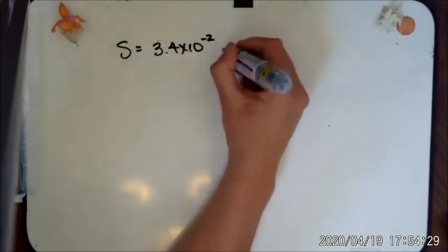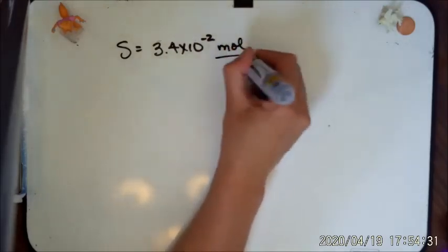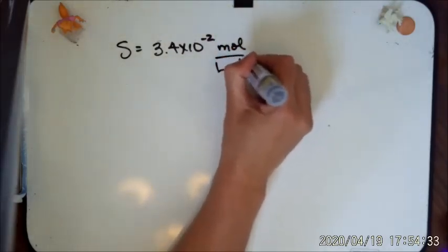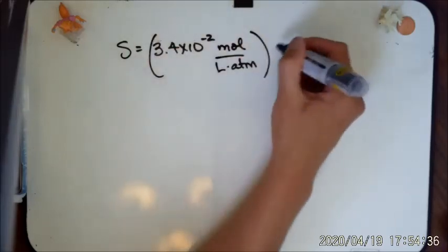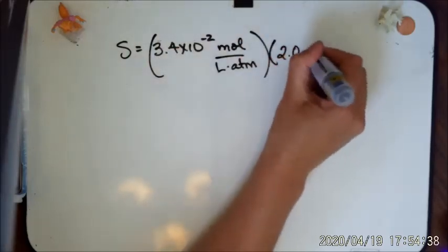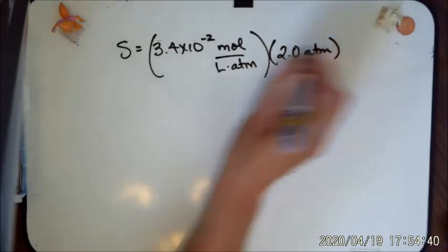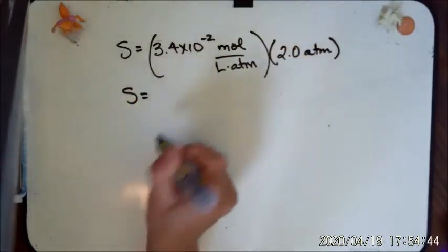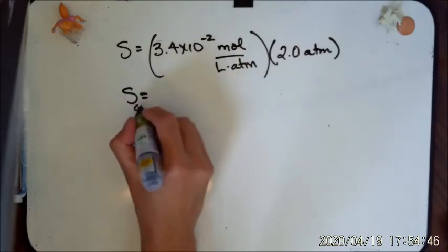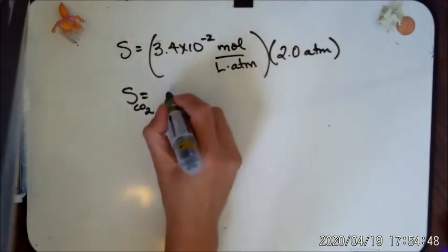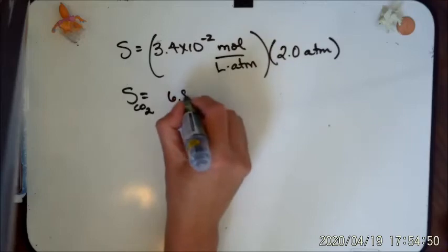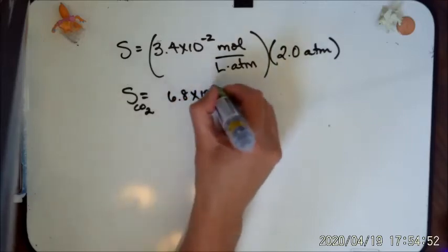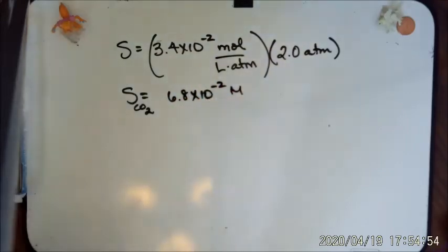This is gas specific, and you have to look it up, so you don't have to memorize those. And the partial pressure is 2 atmospheres. The solubility of carbon dioxide is just going to be 6.8 times 10 to the minus 2 molar.